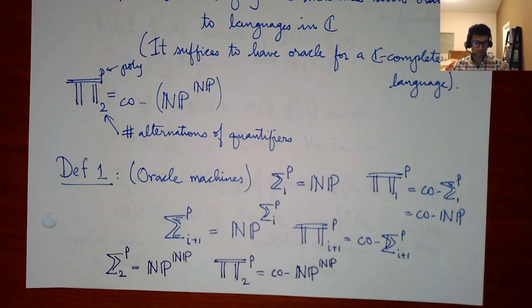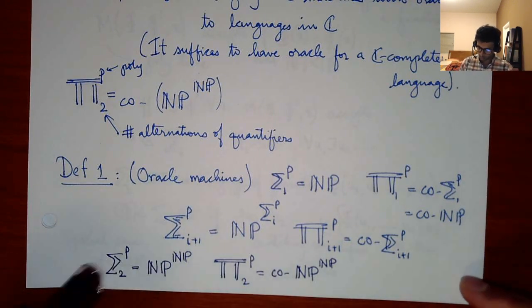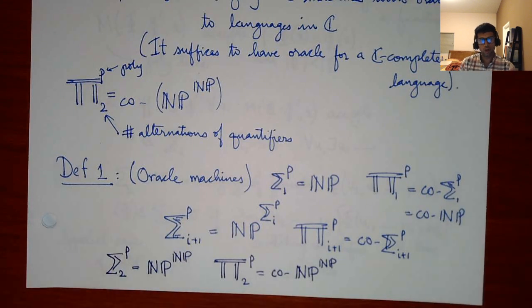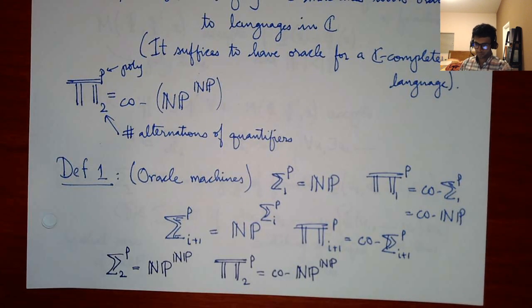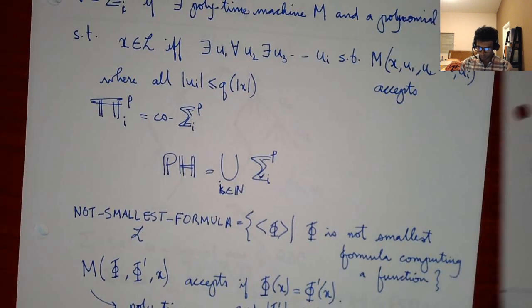And then you have sigma 3, pi 3, so on and so forth, where now you would say, consider an oracle to an NP to the NP language. And what is an NP machine with that oracle access? What can that do? And that gives you sigma 3, so on and so forth. So that is one definition.